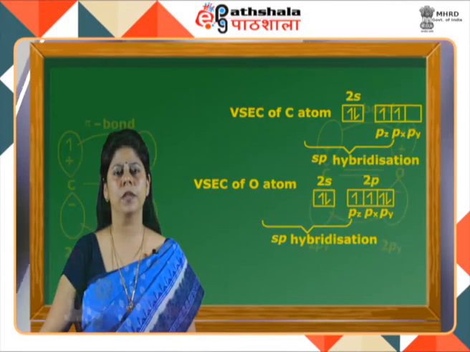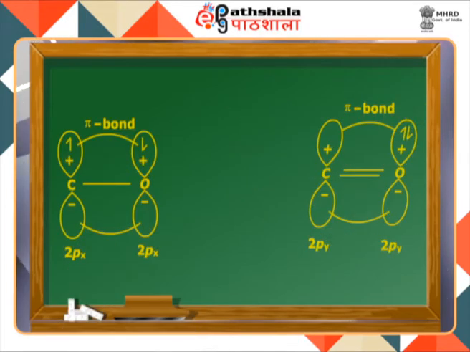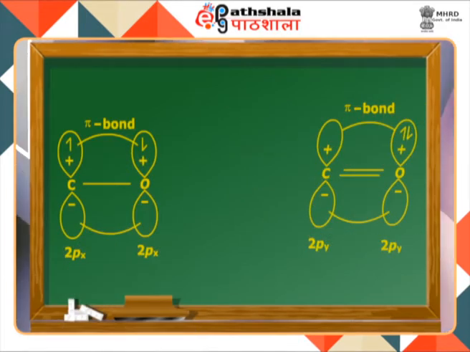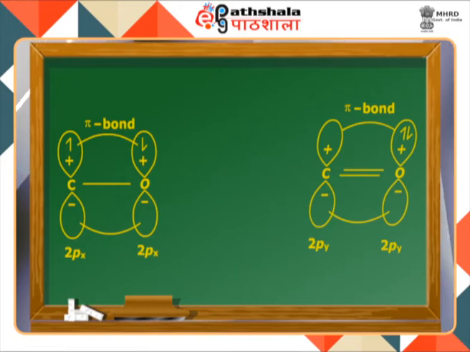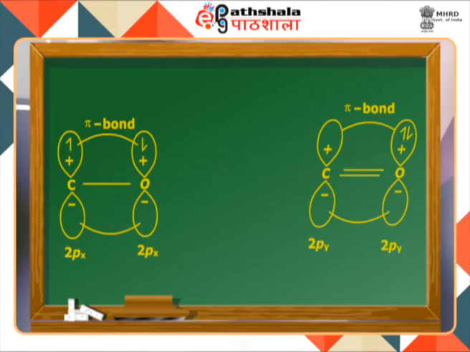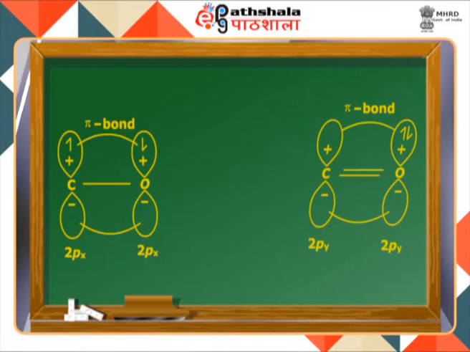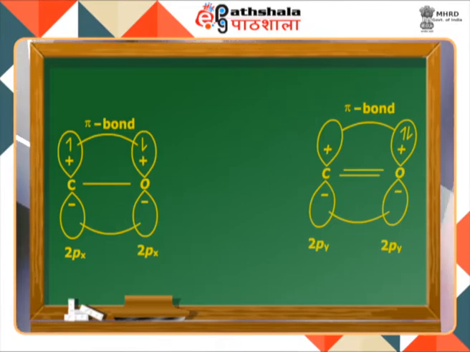You can see from the diagram that the singly occupied 2px atomic orbital of the carbon atom overlaps with the singly occupied 2px atomic orbital of the oxygen atom in a sidewise manner, forming a pi bond.